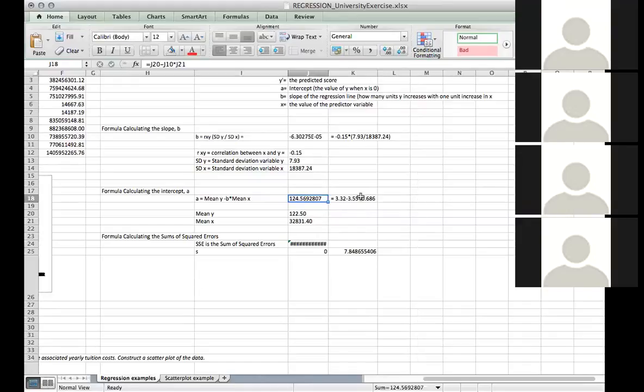So what does that 124 stand for? I'm going to just quickly change this around. 122.50 minus the beta, it's a negative 0 point something, times 32,831.40. So that's our value.